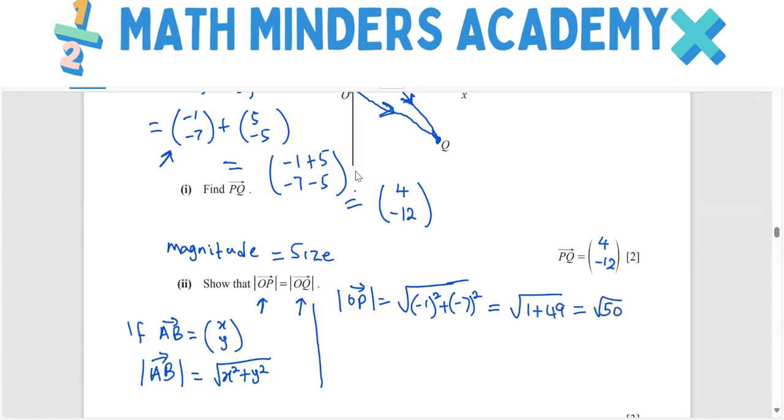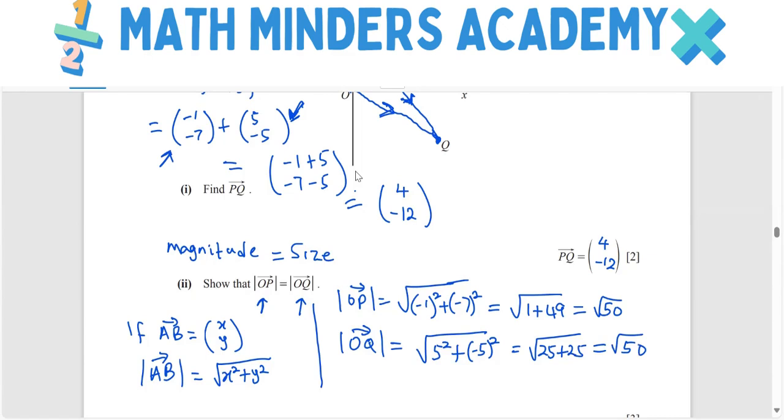Now, the magnitude of vector OQ will give us the square root of, look at vector OQ here. This vector OQ. So we have 5 squared plus, put in bracket, -5 all squared. That will give us root of 25 plus 25. And that gives us root 50.